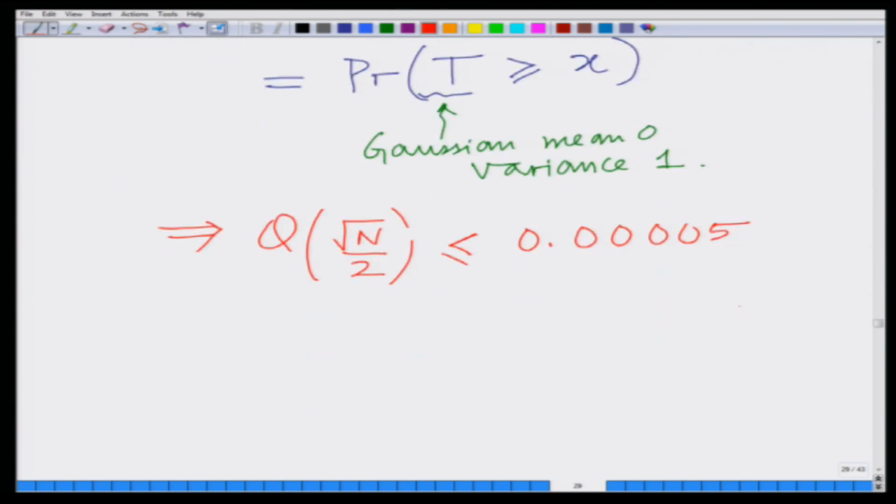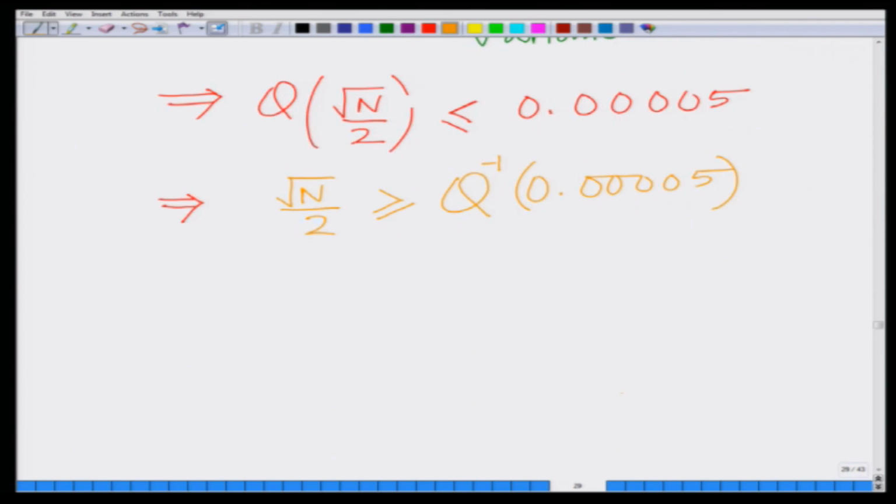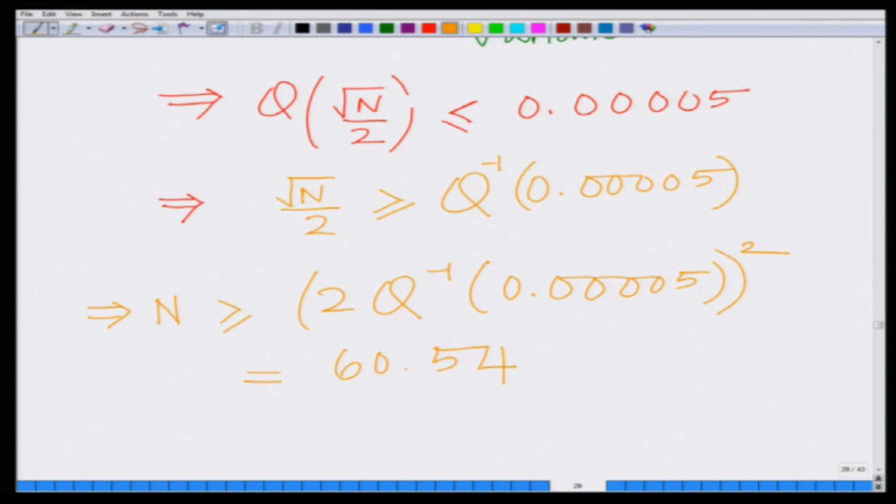I can now simplify it using the Q function: since the Q function is a decreasing function, square root of n by 2 is greater than or equal to Q inverse of 0.00005. This implies that n has to be greater than or equal to 2 Q inverse of 0.00005, the whole square, which is approximately 60.54 samples or observations.